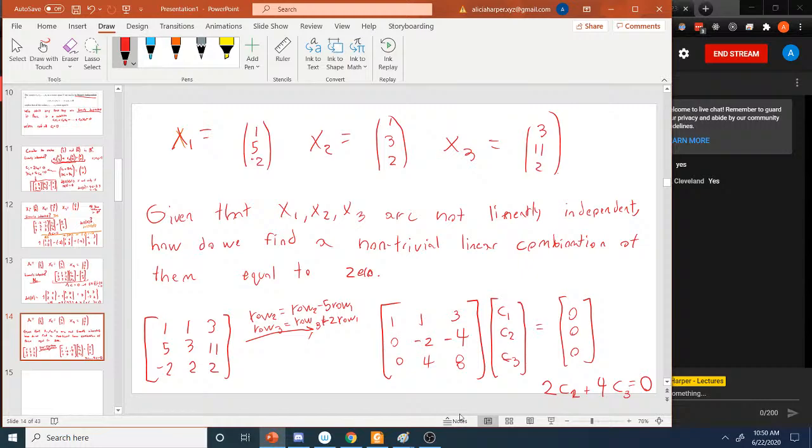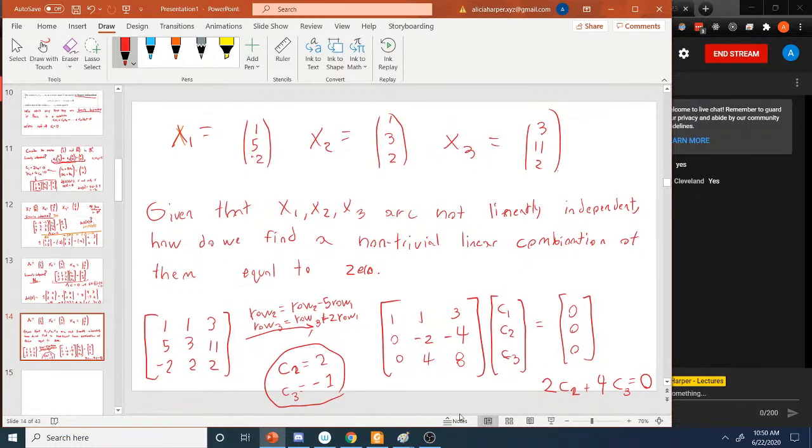So I'm going to set C2 to be equal to 2, and I'll set C3 to be equal to negative 1. For this choice of C2 and C3, this equation is satisfied.